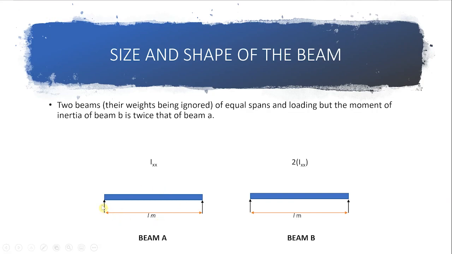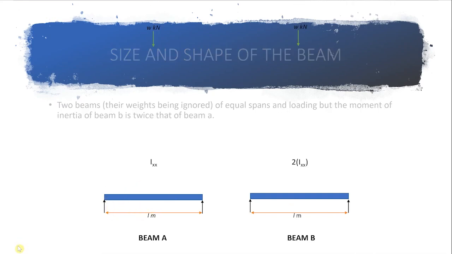Yang beza kat sini adalah cross section dia, maksudnya size and shape of the beam. If you see here I-axis, beam B I-axis-nya double daripada I-axis beam A. Maksudnya dia lagi besar lah.